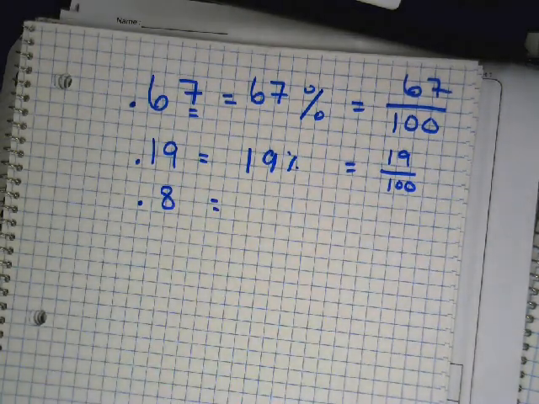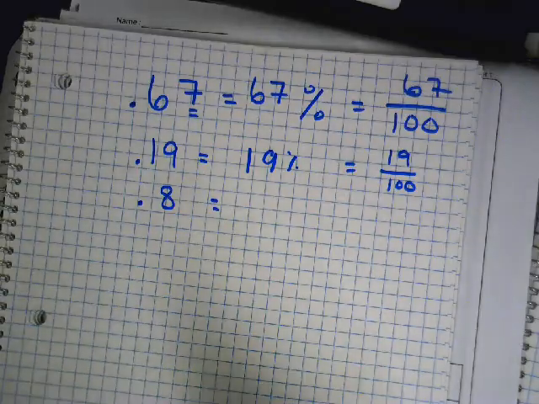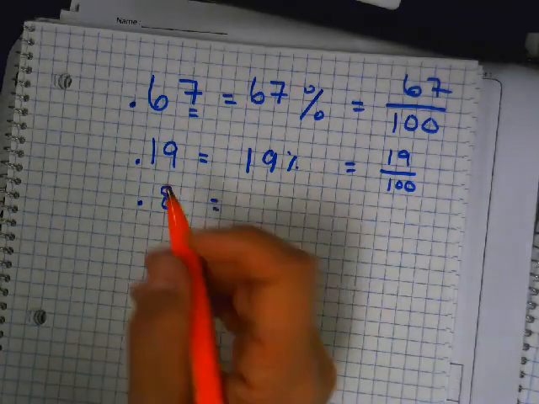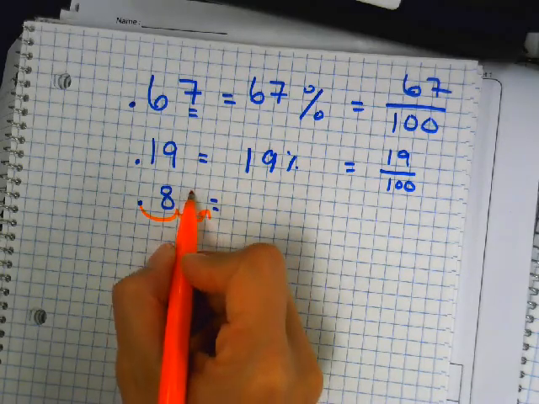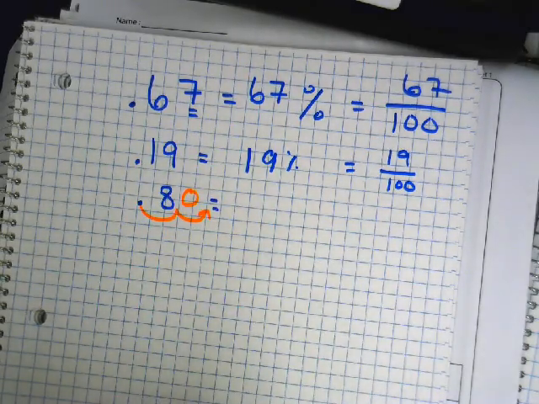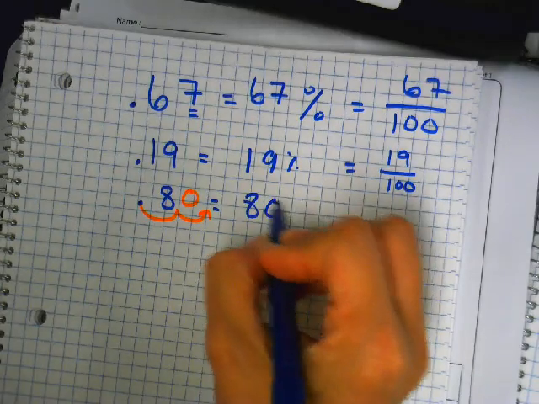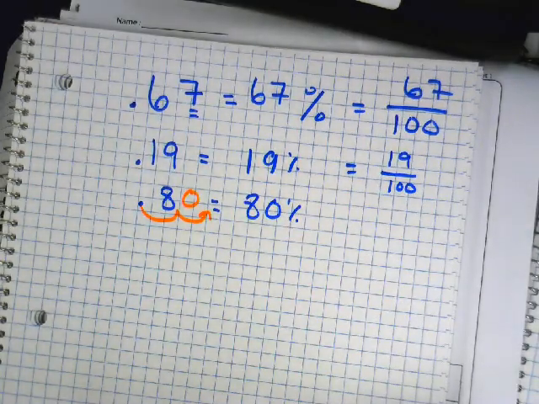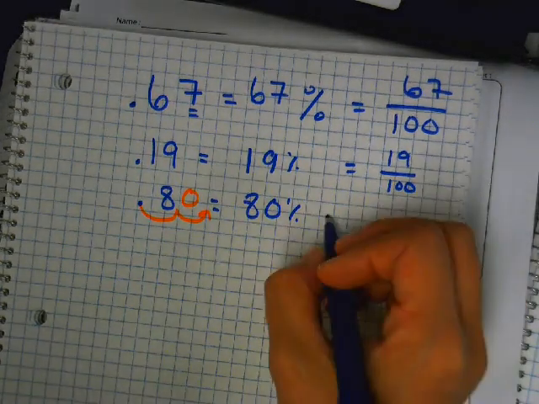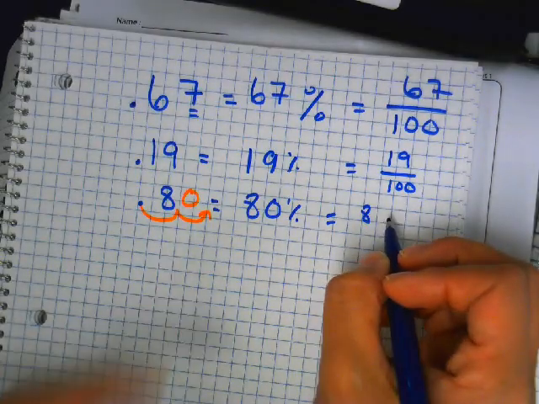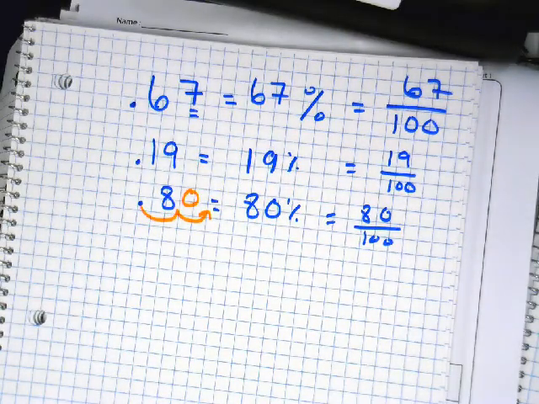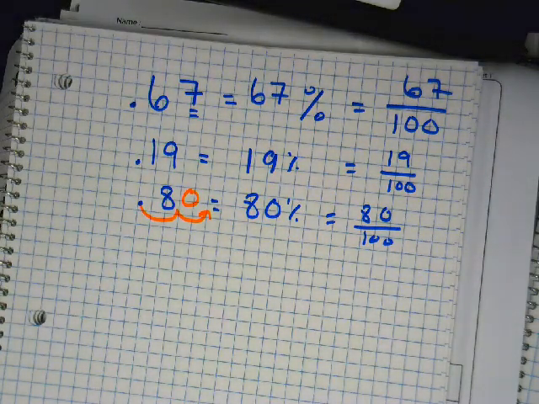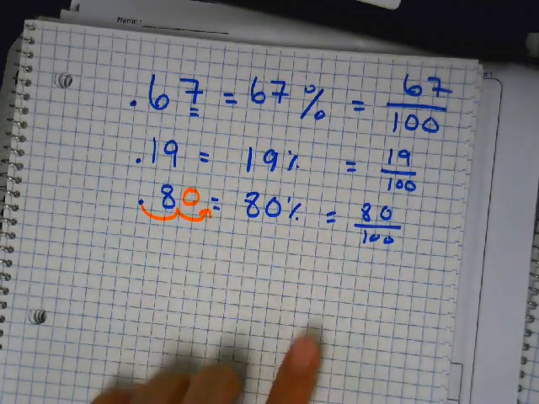No. 80. Because how many times do you move it? Twice. 1, 2. What do I add right there? 0. So it would be 80%. What fraction? Whatever your percent is. Once it's in a percent, then you put it over 100. Whatever the percent is, you put it over 100.